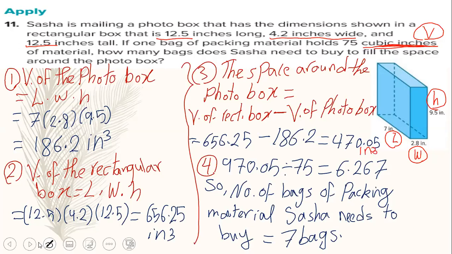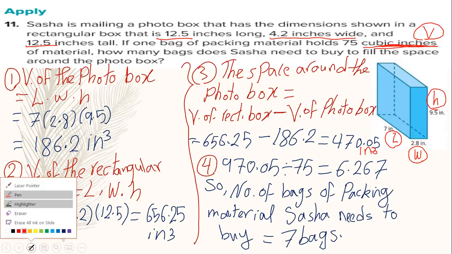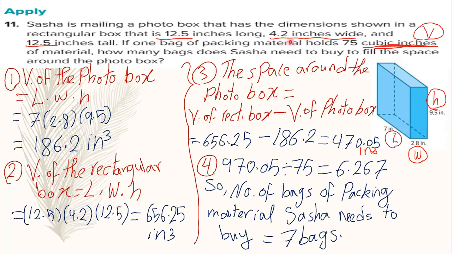So step 4, the question is asking: if one bag of packing material holds 75 cubic inches, Sasha will use the material to fill the space inside the rectangular box around the photo box. How many bags does Sasha need to buy to fill the space?